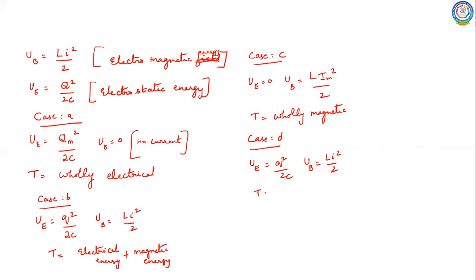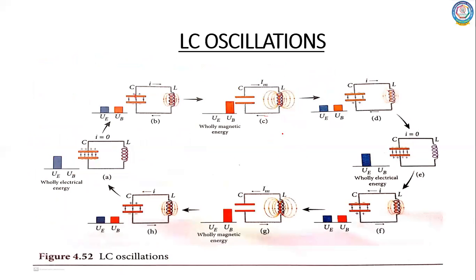The total energy once again will be the sum of electrical energy plus magnetic energy. Hope you have started understanding the concept now. Again it is 50-50 here, you have both electrical and magnetic energy. But in this case, no electrical energy, only magnetic energy, so this is maximum.